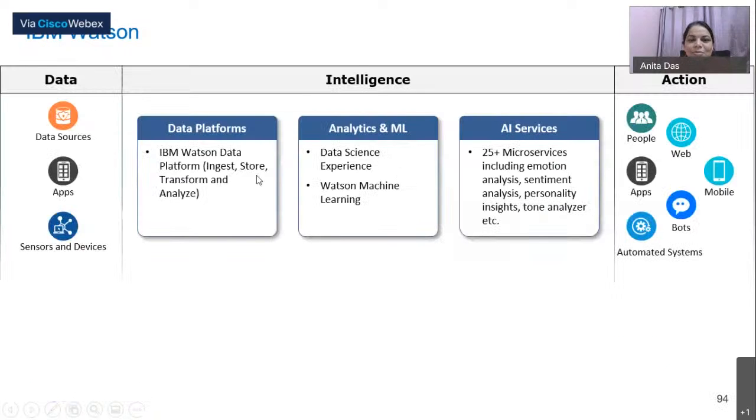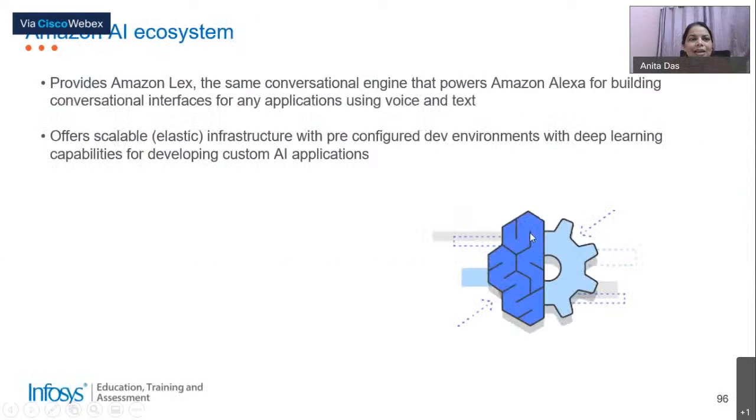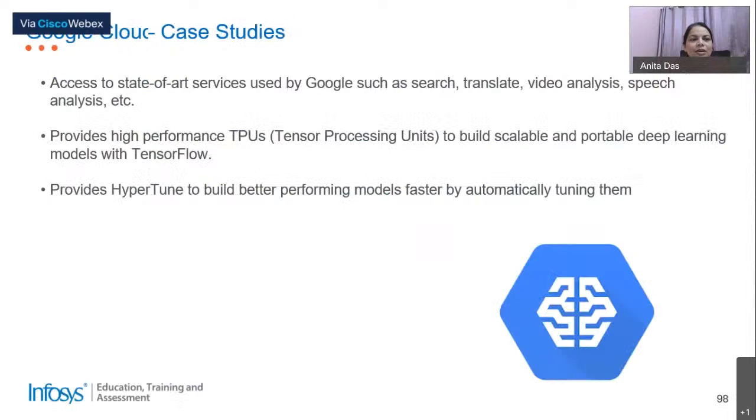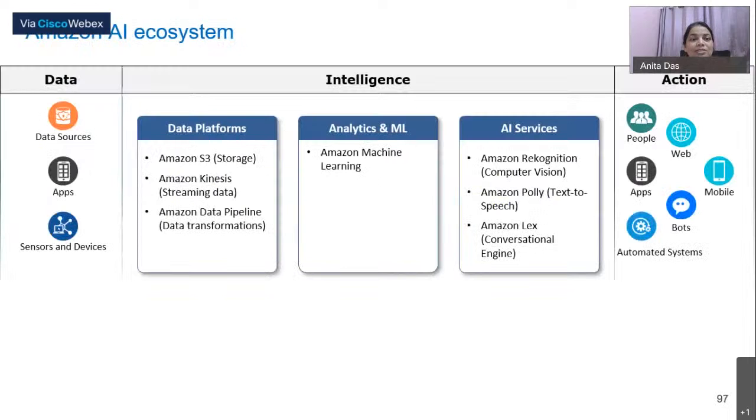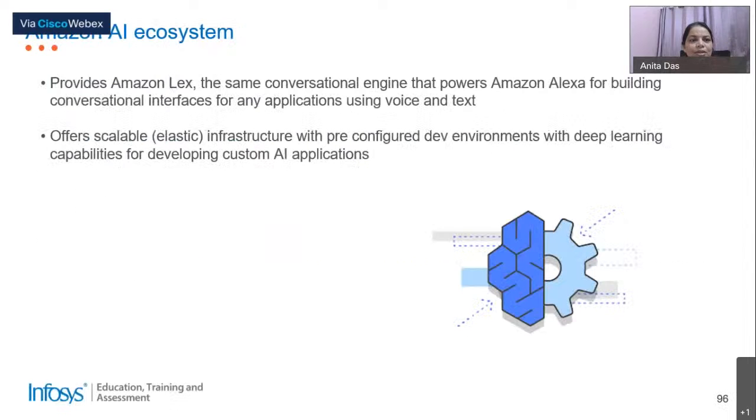Similarly, you will see that it has a lot of other stuff like data platforms, analytics and ML services. Another I can talk about is the Amazon AI ecosystem. It has Amazon Lex, the same conversational engine that powers Alexa.